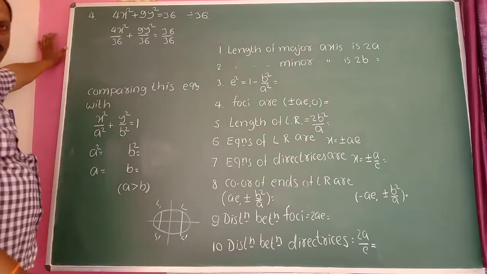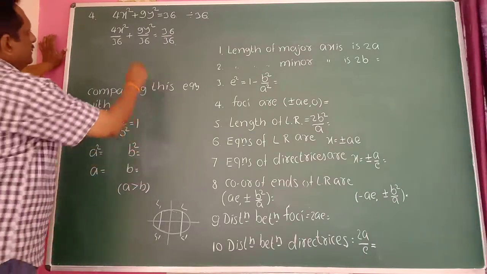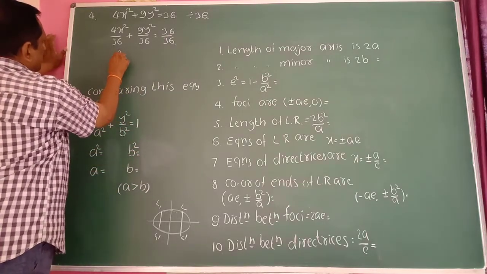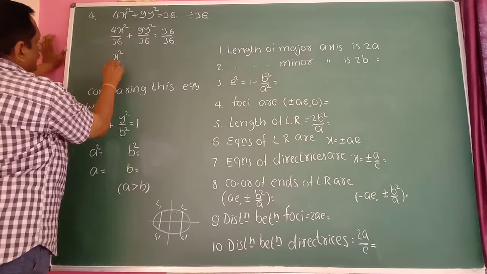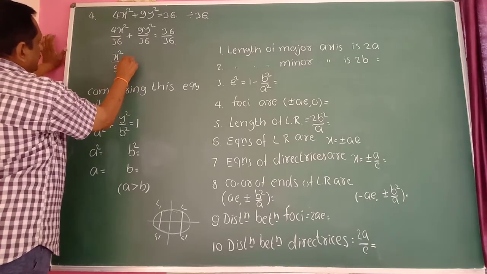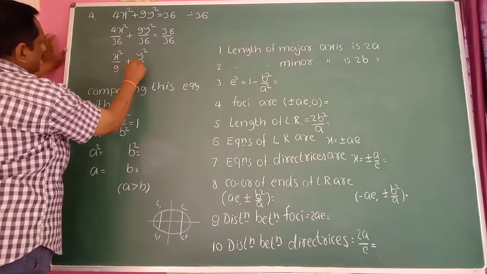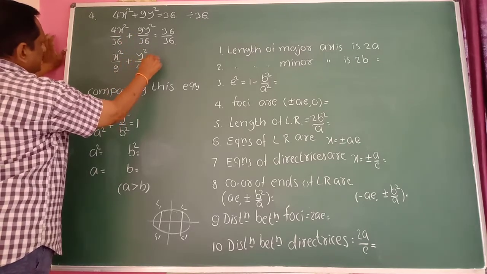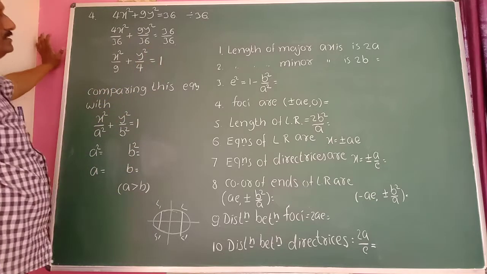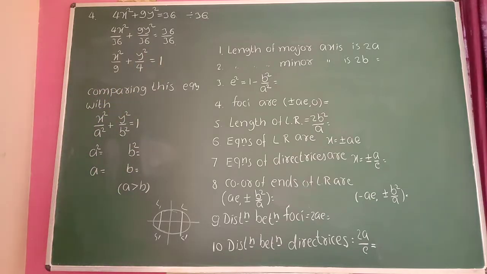Therefore, x square divided by 9, since 4 nines are 36, plus y square divided by 4, since 9 fours are 36. 36 and 36 cancel, so the remaining is 1.